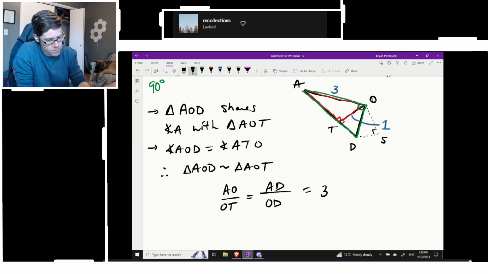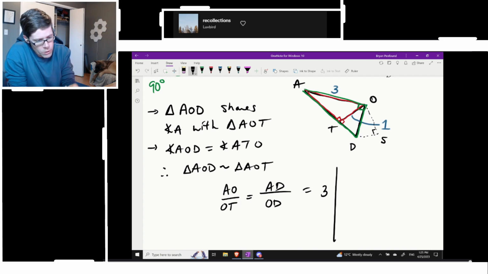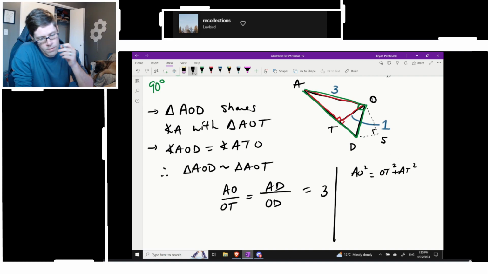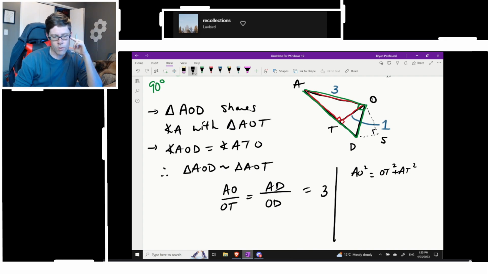So let's try that. AO squared should be equal to OT squared plus AT squared. That should be a Pythagorean theorem we can do, right? That's the highlighted red triangle.